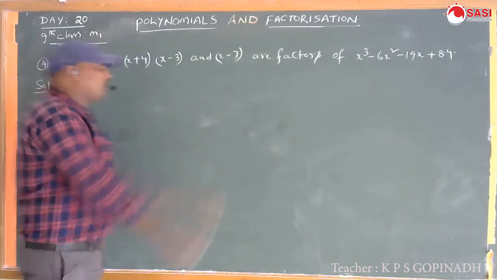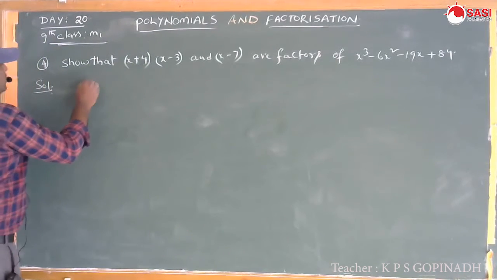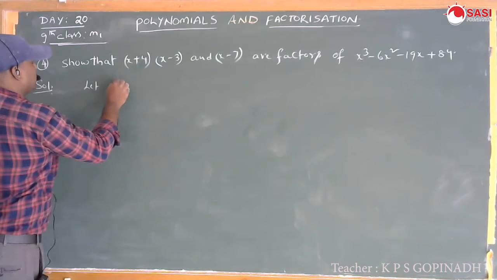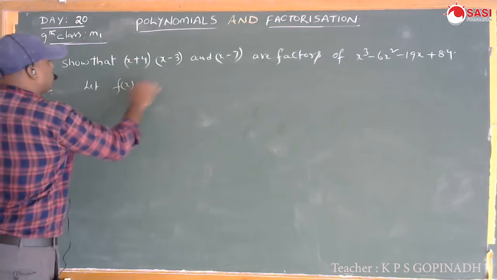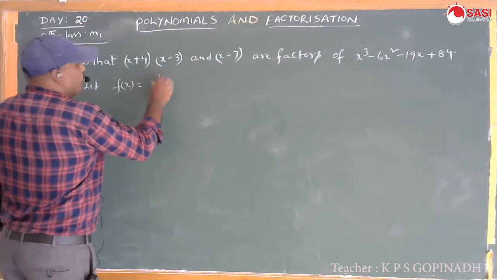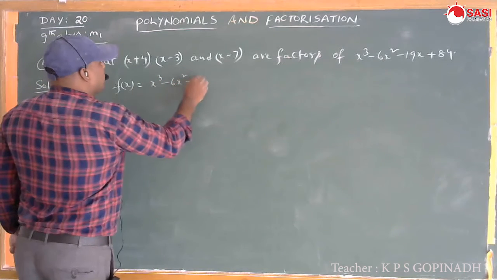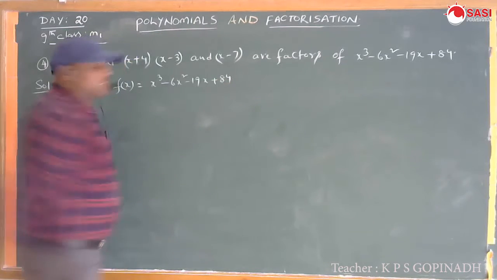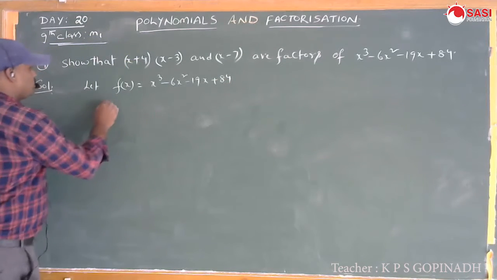Understand? So how like that is? Let f of x is equal to x cube minus 6x square minus 19x plus 84, which is the f of x.